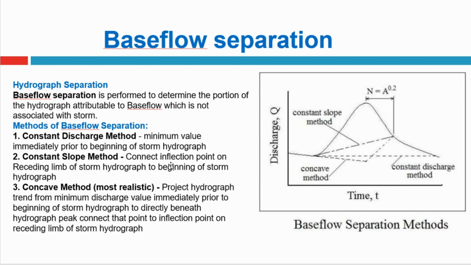So what engineers thought to do is that at any given stream, if I have to calculate how much of the discharge is coming from the direct runoff, we need to measure the discharge before the rainfall period, and we have to keep on noting the discharge after the rainfall period also, so that we can understand how much was the normal flow.